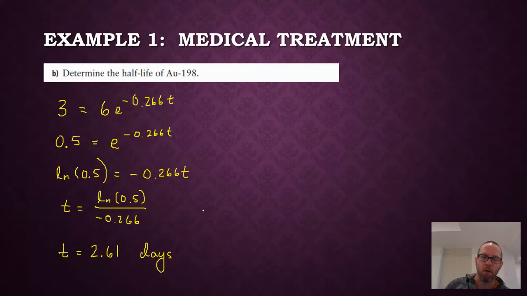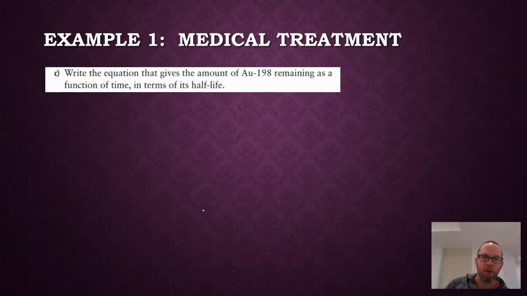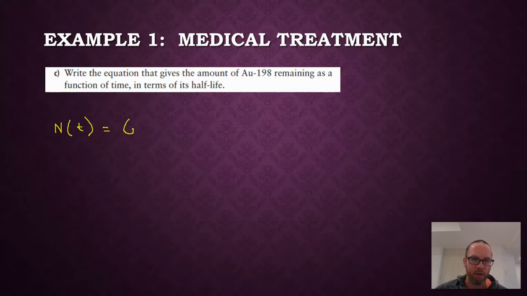Now, what we can do with that is write the equation in a new way. Instead of the disintegration constant we found, we can write the equation in a way that uses the half-life. You might be familiar with this method from your grade 11 course. So the initial value is still the initial value, 6.